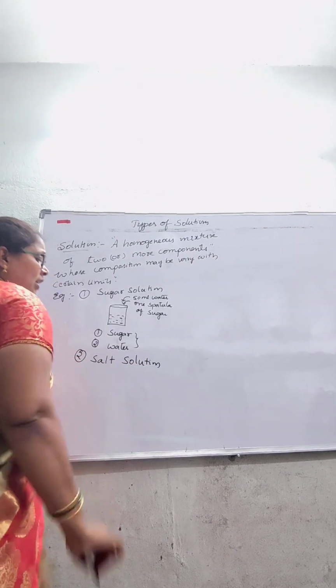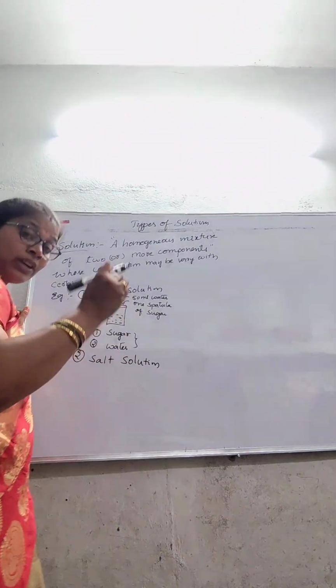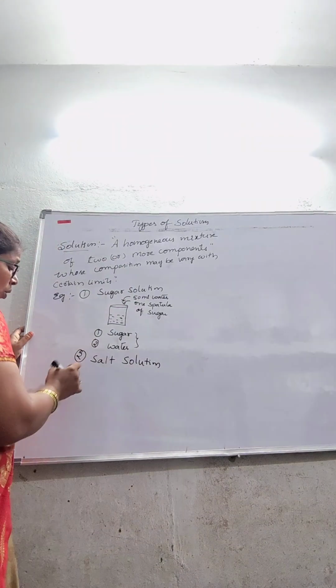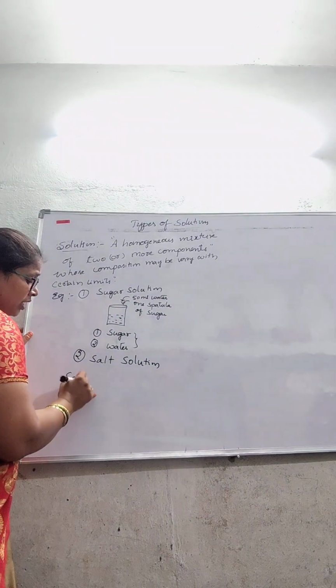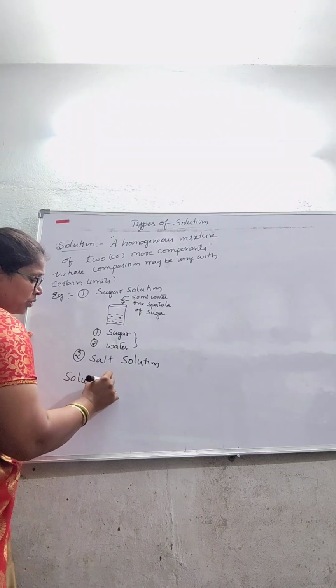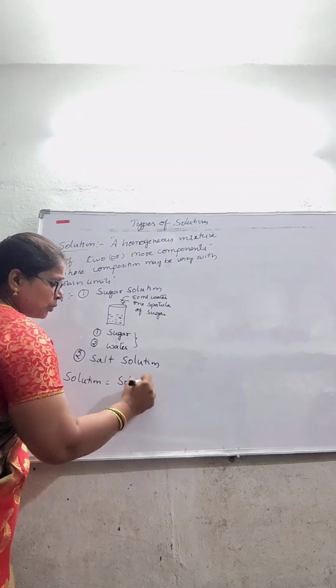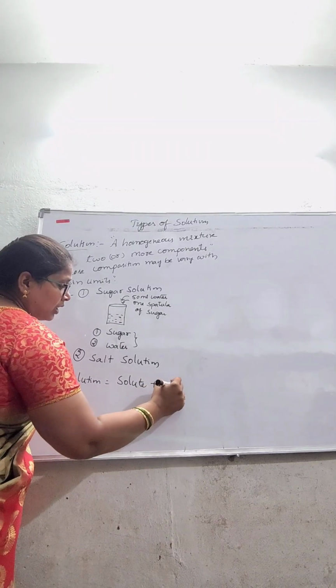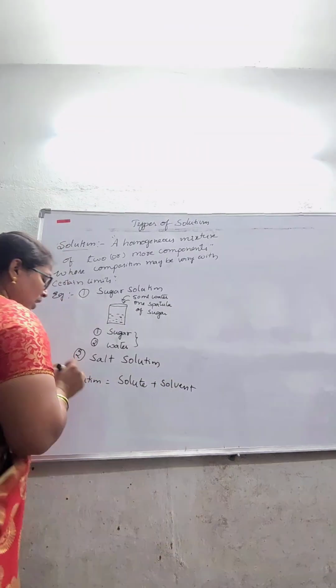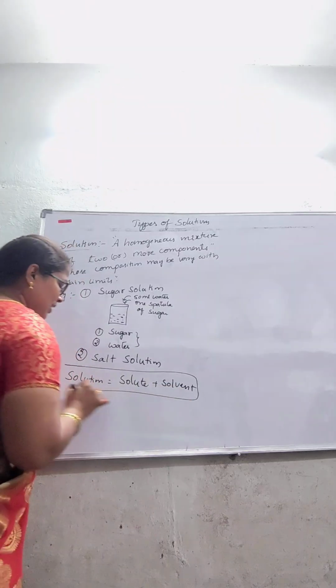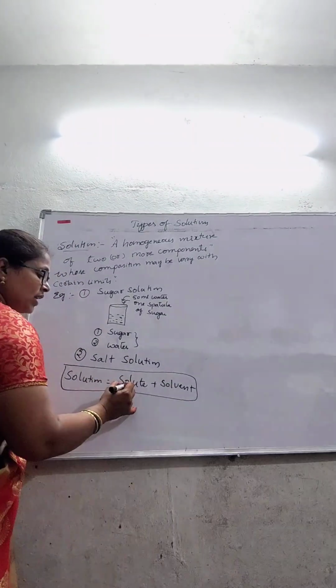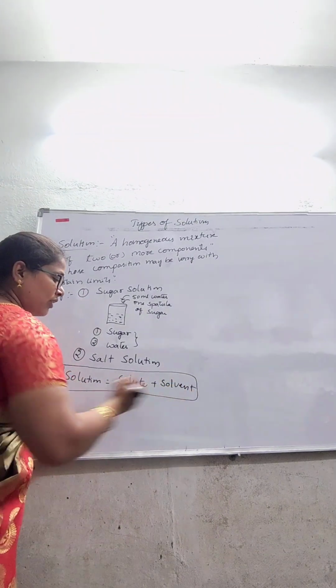Now we have some terminology. A solution must have one solute plus solvent. Solute plus solvent, only then is it called a solution. What is solute, madam? What is solvent, madam?